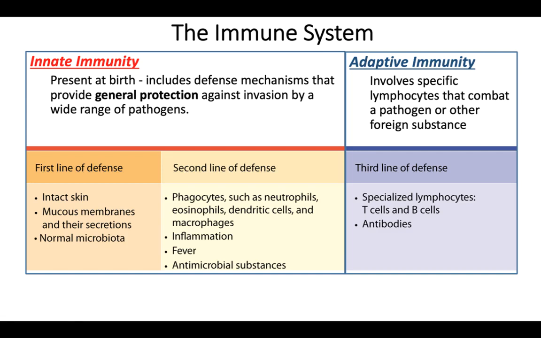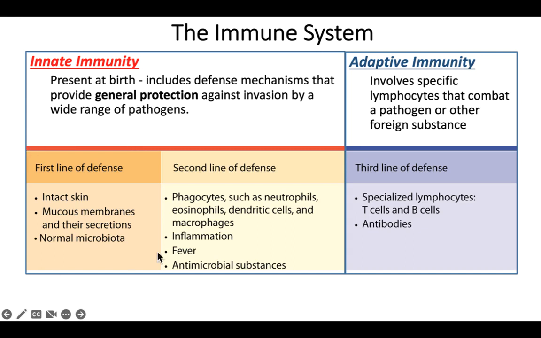It also has memory. So this system will remember what pathogens looked like, and the second time around, it'll have a stronger and more robust reaction to that pathogen. So this is a very specific way to protect, whereas your first and second lines are very general.